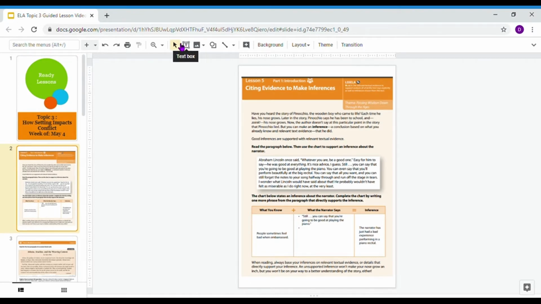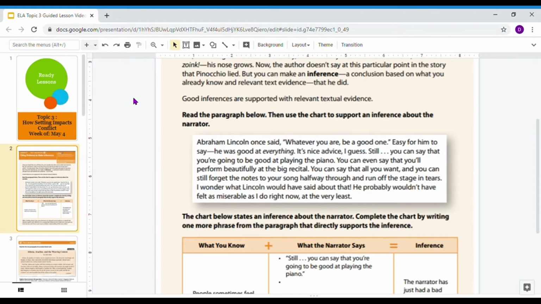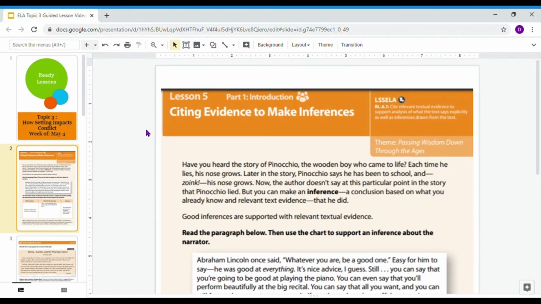So if you do not have your remote learning book directly in front of you, pause the video and go grab it, and make sure that you're using that pause and play feature throughout these videos to help ensure that you're understanding and that you're able to write down the notes that you need. That's one of the best things about digital learning: you've got your teacher teaching, but you can play and pause her as you need.